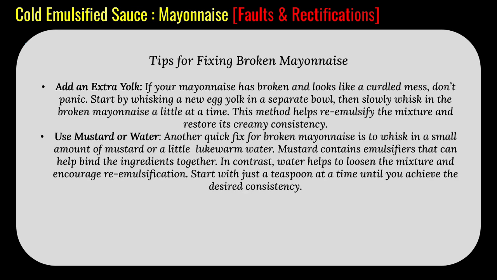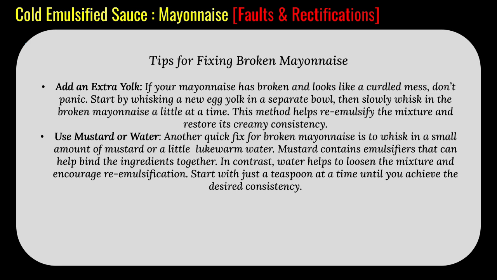Use mustard or water. Another quick fix for broken mayonnaise is to whisk in a small amount of mustard. In the beginning, we mentioned that mustard has an emulsifying agent in it. So you can add a little Dijon mustard, and if the curdling is at a very initial stage, you can add Dijon mustard or one tablespoon of lukewarm water. Go on mixing it very fast.